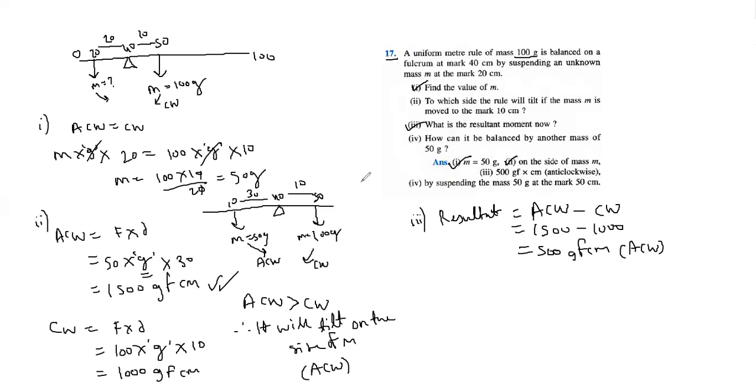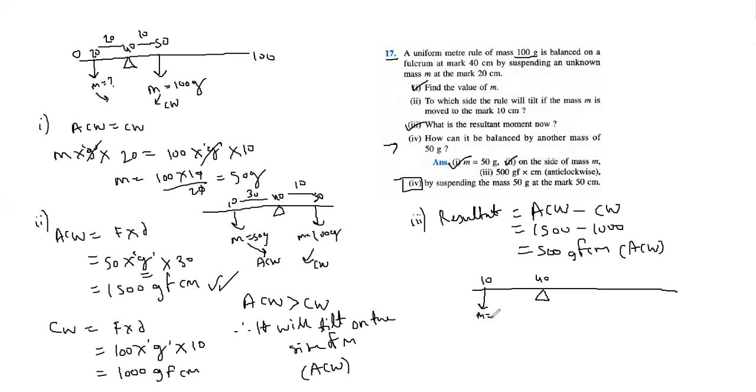Now the question says, that is the fourth part, how can it be balanced by another mass of 50 gram? So the question is going like this. We already have a ruler, right? It is balanced at 40, the mass is kept at 10 centimeter.